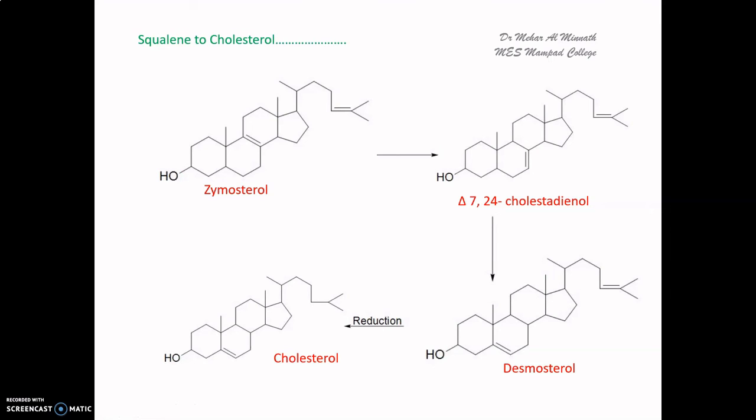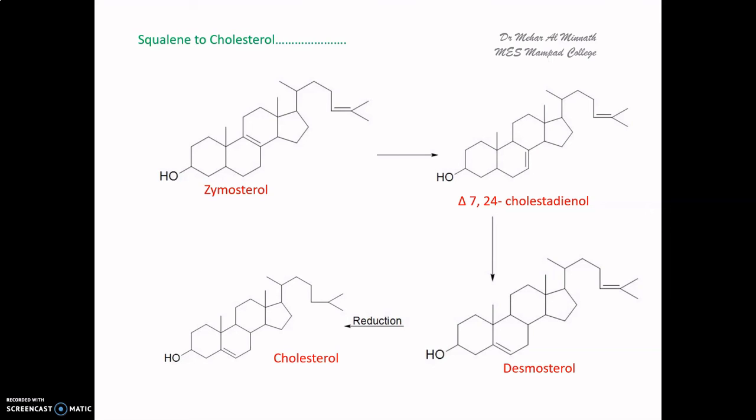And from this cholesterol, all other steroids are formed, be it with a number of carbon atoms less than cholesterol or more than cholesterol. All other steroids are formed from cholesterol. You would have seen the formation of testosterone, progesterone, etc. Most of the steroids which we had discussed can be synthesized from cholesterol.